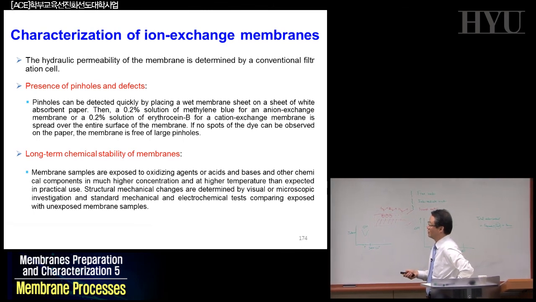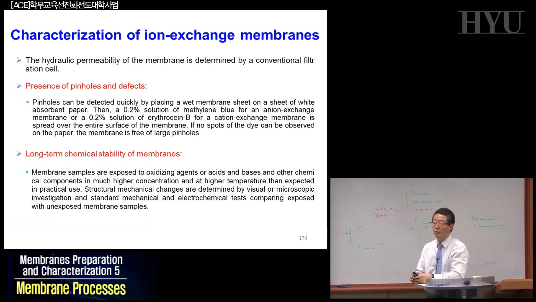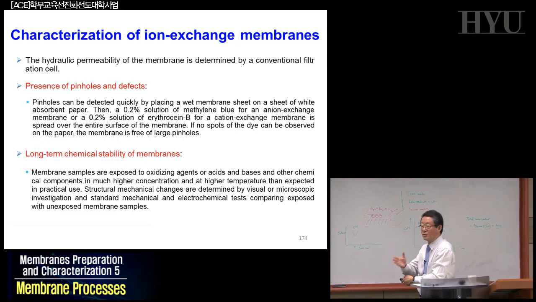Long-term stability of the membrane, particularly in the chemical environment, is of course important. Usually for ion exchange membranes, we use Fenton's test. Fenton's test utilizes oxidizing agents and degrades the membrane in a very harsh environment.